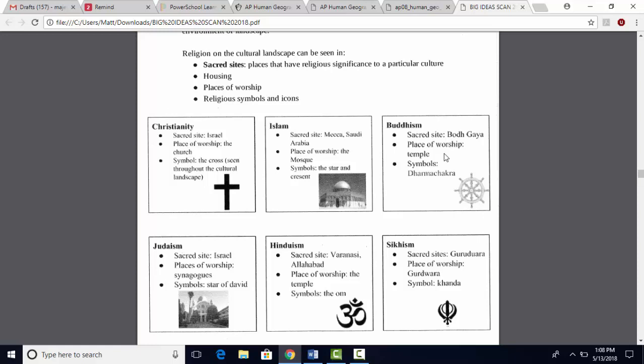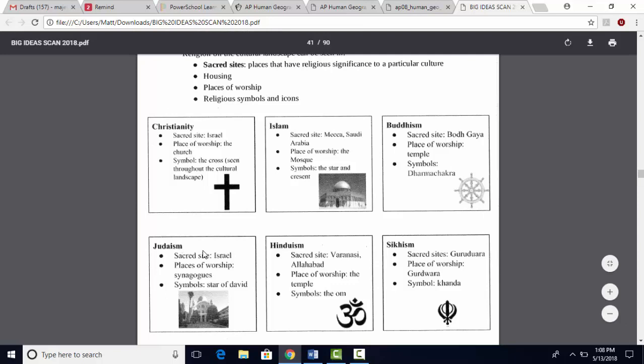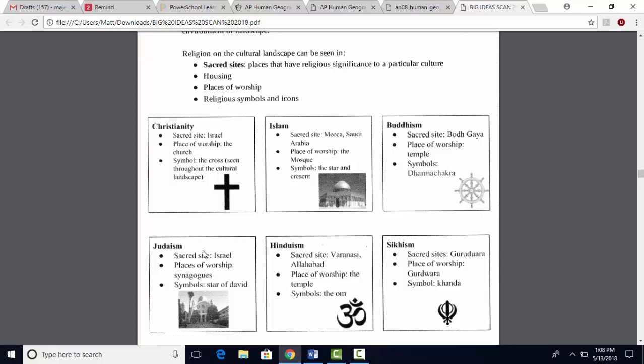Synagogues are our house of worship. We already know that. Hinduism, all of the key sites in Hinduism are located in India. And again, many of them are in or alongside rivers and other bodies of fresh water. And Sikhism, of course, by the way, the Sikhist symbol looks like that. And their holy sites as well are in northern India.